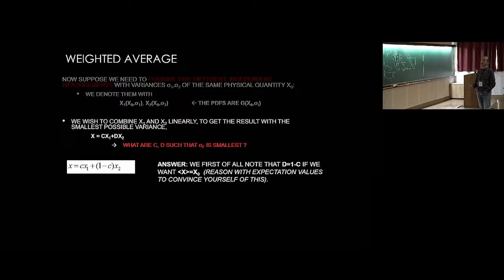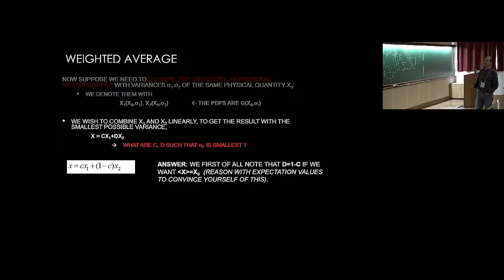But first of all, we can define our average as C times x1 plus 1 minus C times x2. Why do I do this and substitute D with 1 minus C? Well, you should think about the fact that you want the average value to converge to the true value, and you can reason with expectation values, and you will find that you have to have this factor that the sum of C and D is equal to 1.